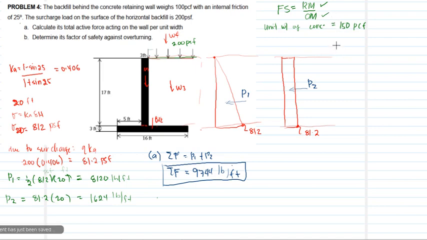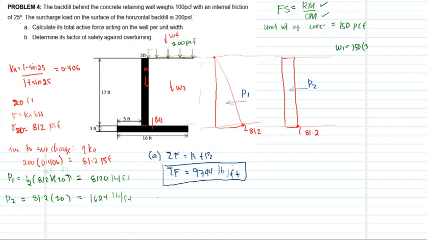So, start natin, W1. Ano yung weight 1 natin? Meron tayong unit weight of concrete that is 150. So, 150 multiplied by the area of this, that is 3 times 17.